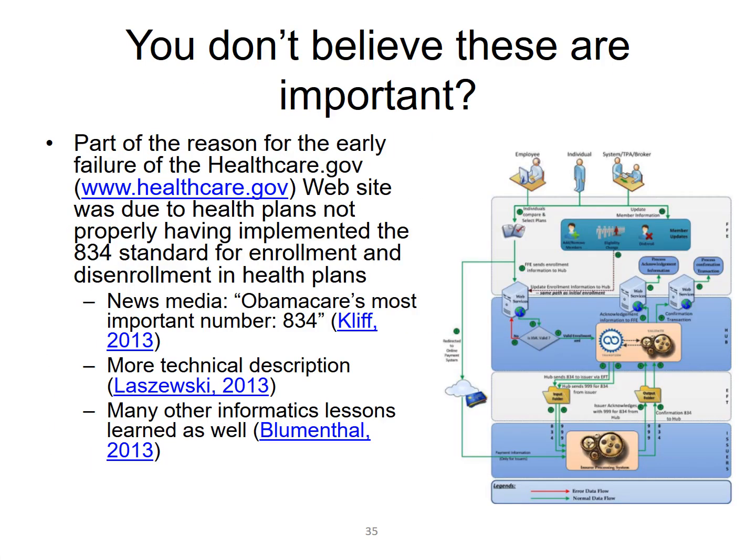These ASC X12 standards seem pretty mundane and probably straightforward, but it turns out that one of them played an important role in the problems with the original healthcare.gov website. One of the reasons for the healthcare.gov website not functioning when it was first launched was that health plans had not properly implemented the 834 standard for enrollment and disenrollment in health plans.